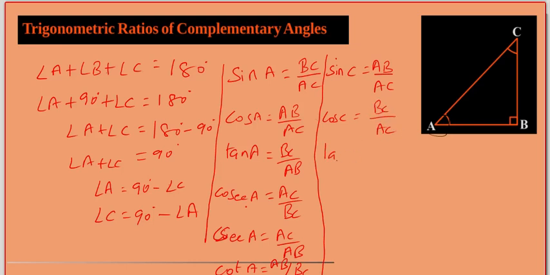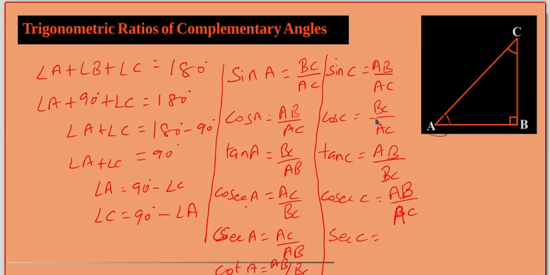And tan C is opposite side divided by adjacent side, so AB divided by BC. Next, cosecant C is the reciprocal of sin C.